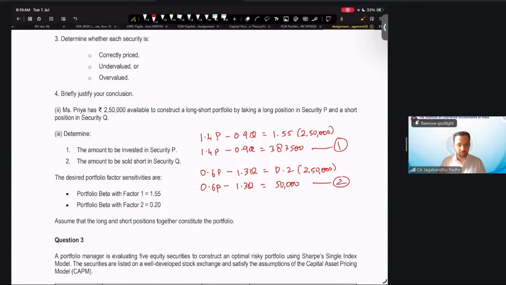Solve both the equations and get the value of P and Q, guys.